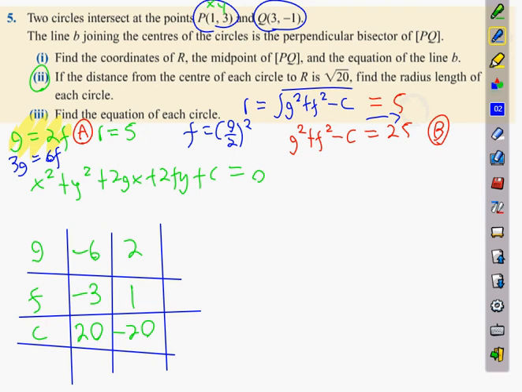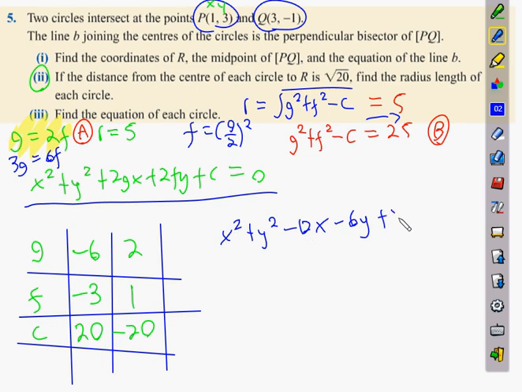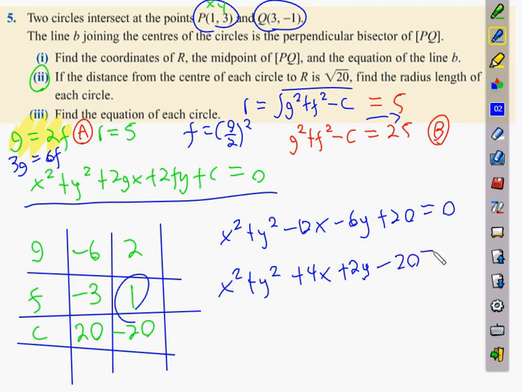So this formula here. x squared plus y squared plus 2gx, which is minus 12x, minus 2fy, which is minus 6y, plus 20 equals 0. Last one, x squared plus y squared plus 4x, plus 2y because it's a plus 1, and then minus 20 equals 0.